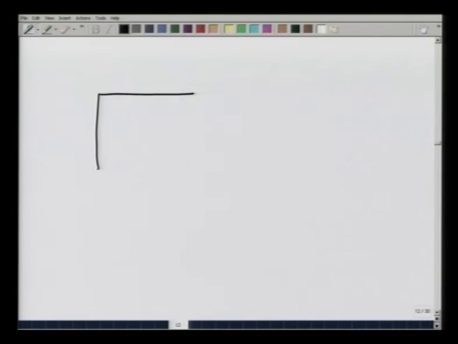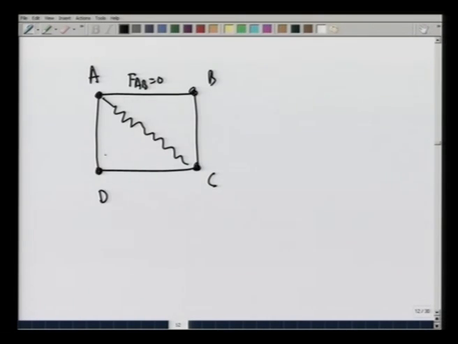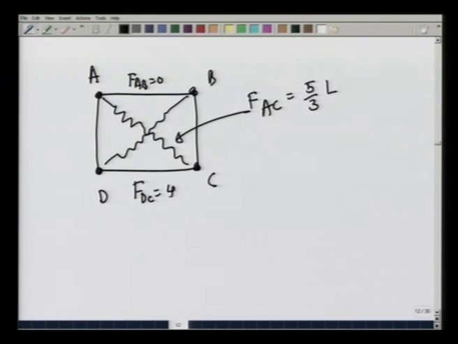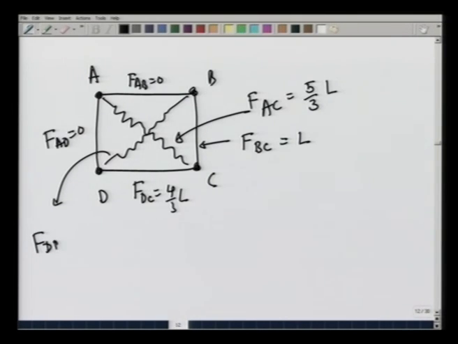So, what we have found on this frame A, B, C, D: F_AB is 0, F_AC is 5/3 L, F_DC is 4/3 L, F_BC is equal to L, F_AD is equal to 0 and F_DB is equal to 0.